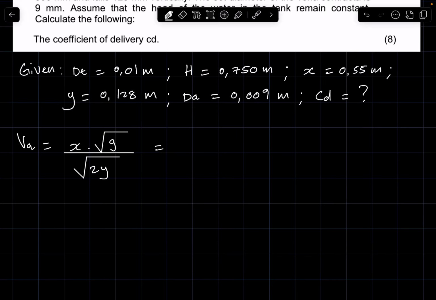So now you substitute. X from our given information is 0.55, multiplied by the square root of g, which is 9.81 for mechanotechnics, divided by the square root of 2 times y.